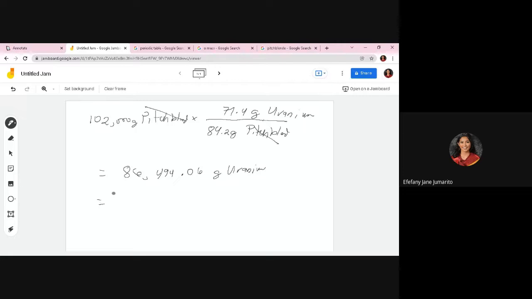Or we can convert this into kilograms, which is 86.494 kilograms uranium. You can report that as 86.5.